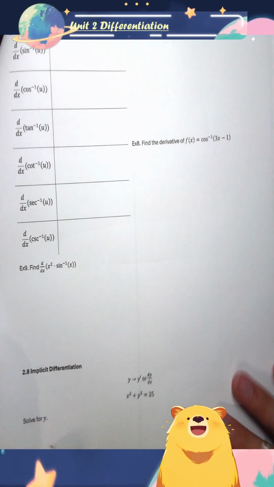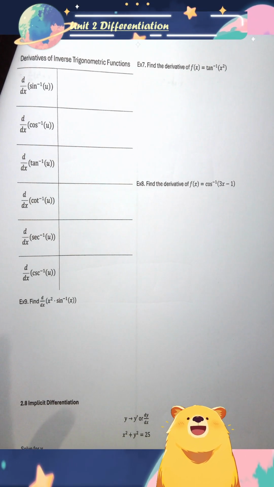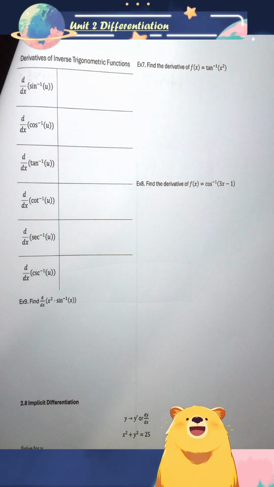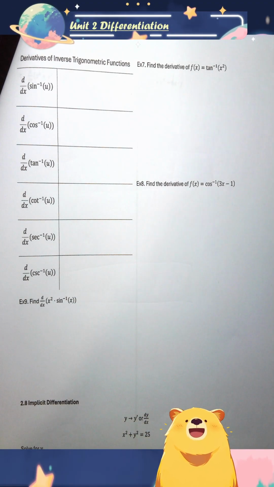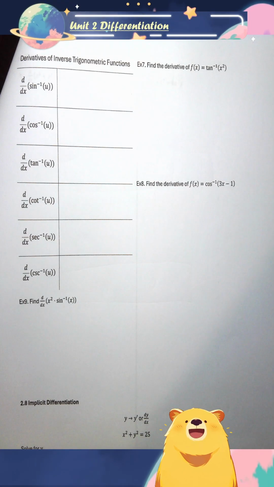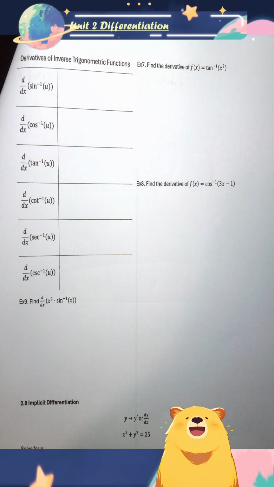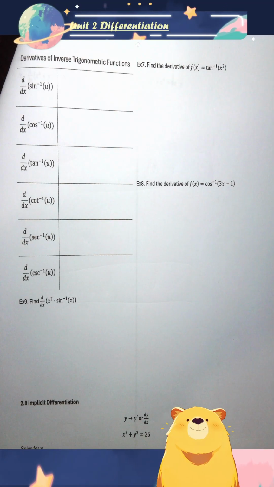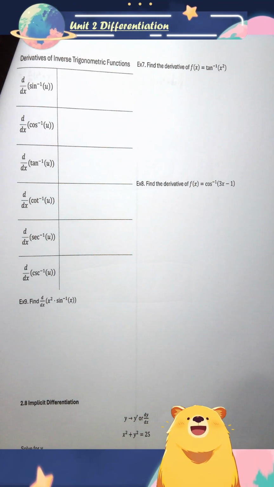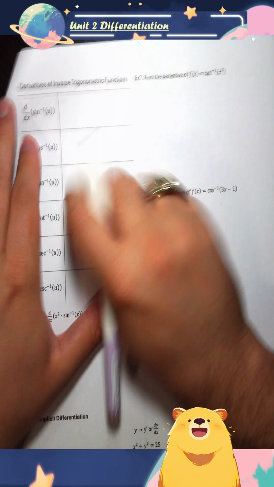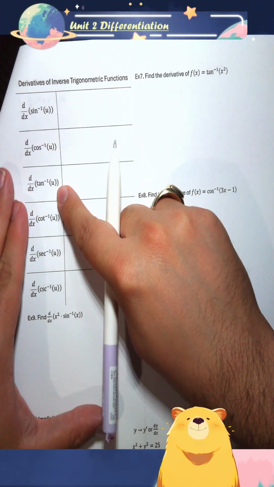So we're not going to go too much into the how for these derivatives of inverse trig functions. We're just going to go ahead and teach you what they are, and then give you the sort of practice for all these. Okay, now keep in mind, we're switching in notation a little bit.